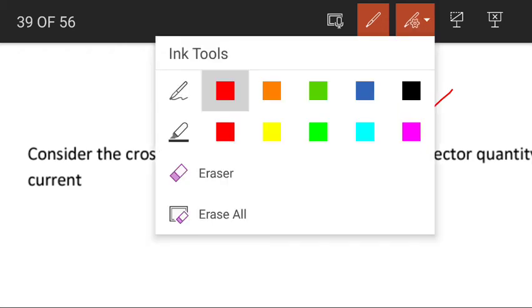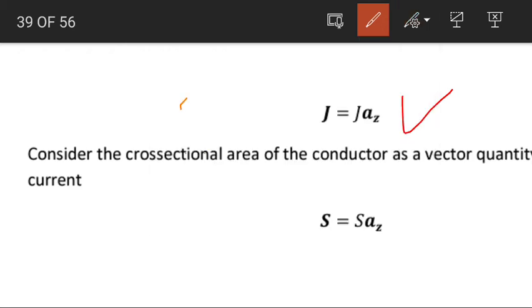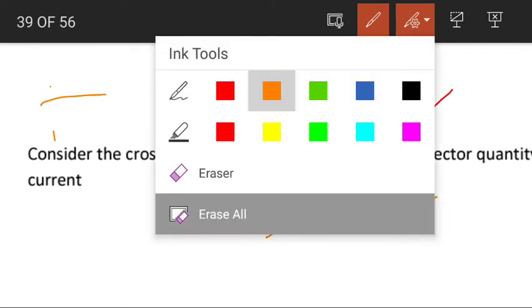The current density will be in the direction of the current, and the current is in the direction of the unit vector Az. Similarly, the cross-sectional area of this conductor is in the direction of the unit vector Az as well. Az is the unit vector which is normal to the cross-sectional area of this particular conductor.